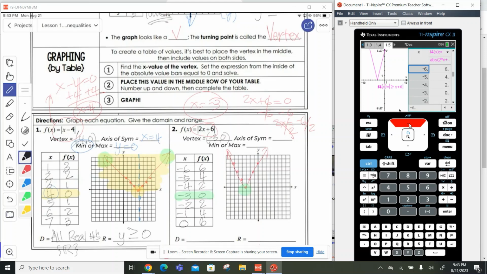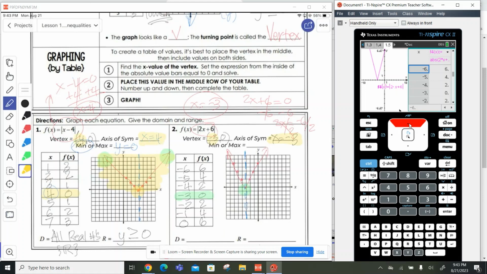Let's go ahead and draw our vertical line that will divide the graph in half. Passing through that vertex in which x equals -3. Like I said, that axis of symmetry is simply the x value of the vertex.